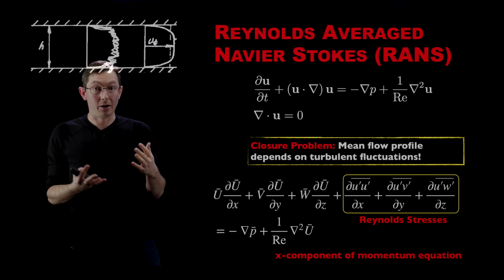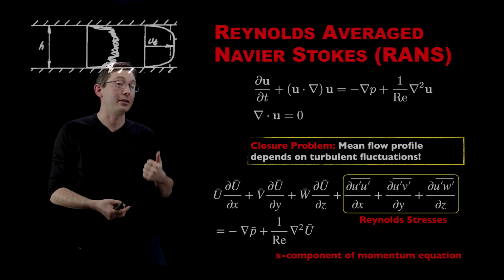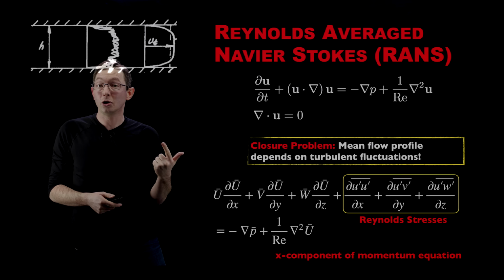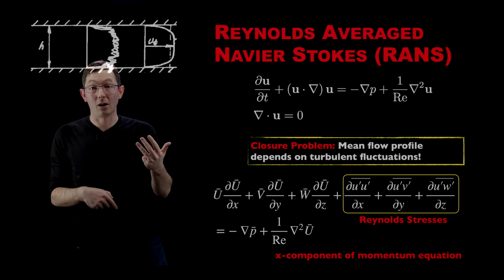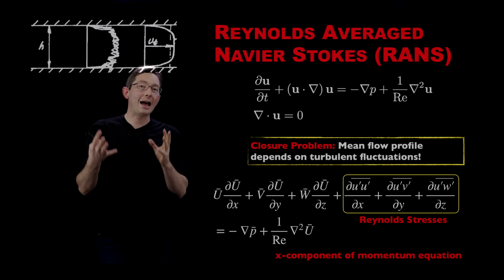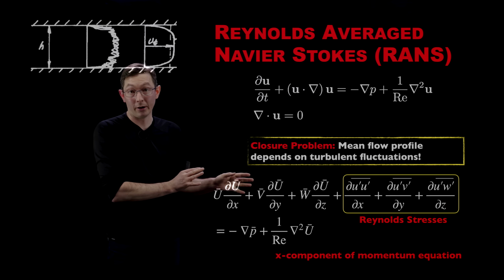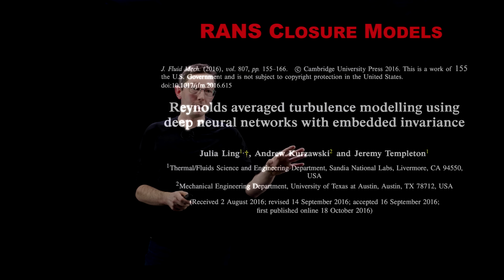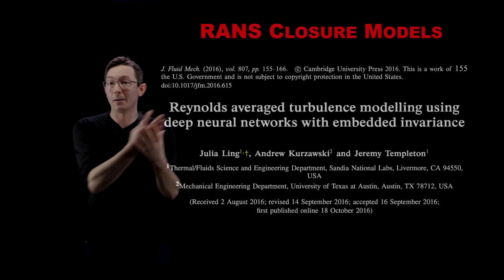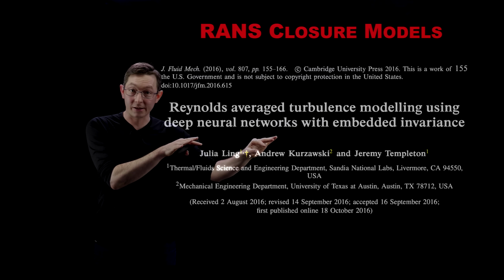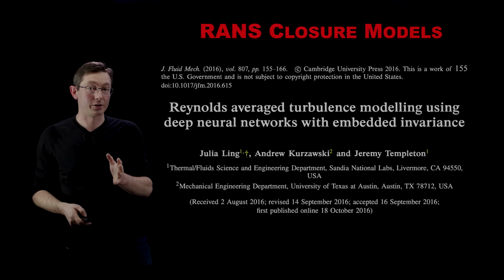These eddy viscosity models: there is the Prandtl mixing length hypothesis, there are k-epsilon two equation models, k-omega models, and the Spalart-Allmaras models. All of them have known deficiencies for certain classes of separated flows. And so this paper by Ling et al. uses neural networks to get better models for how those Reynolds stresses depend on the large scale mean flow structures.